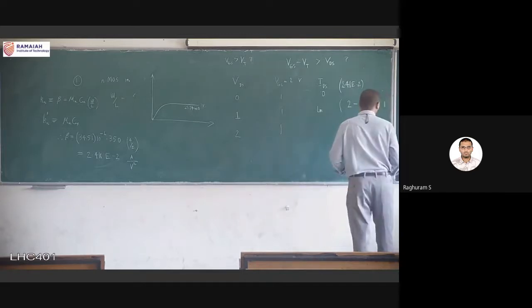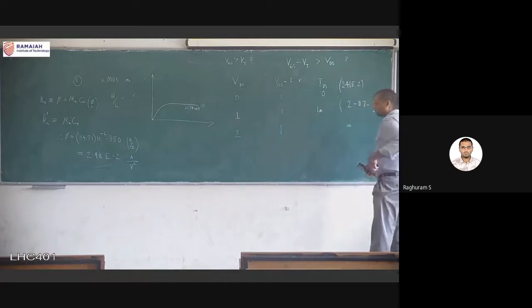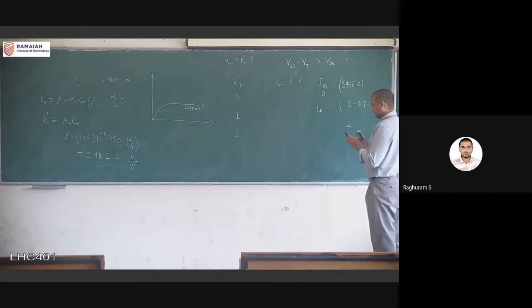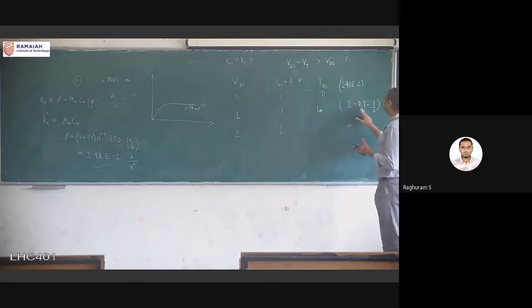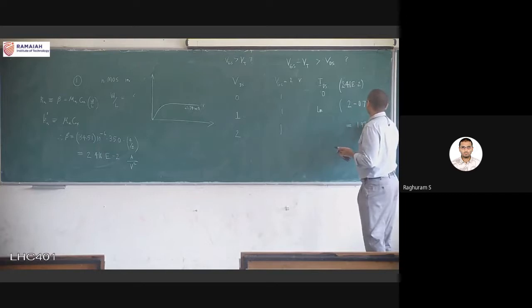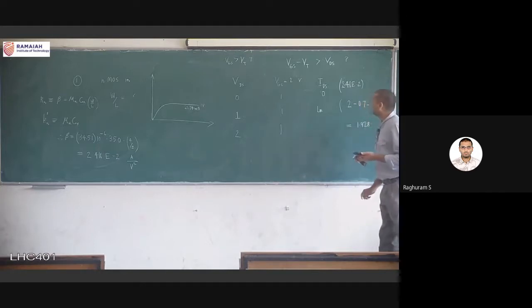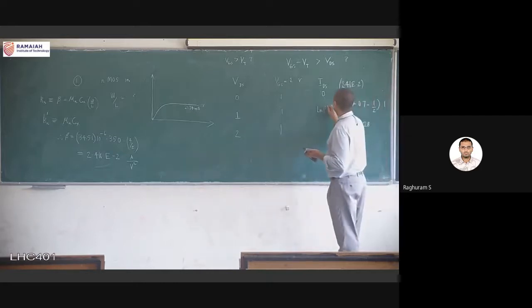So this is equal to 2.41 into 2 minus 0.7 is 1.3. 1.3 minus half is 0.8. 1.928 or 19.28 milliamperes.